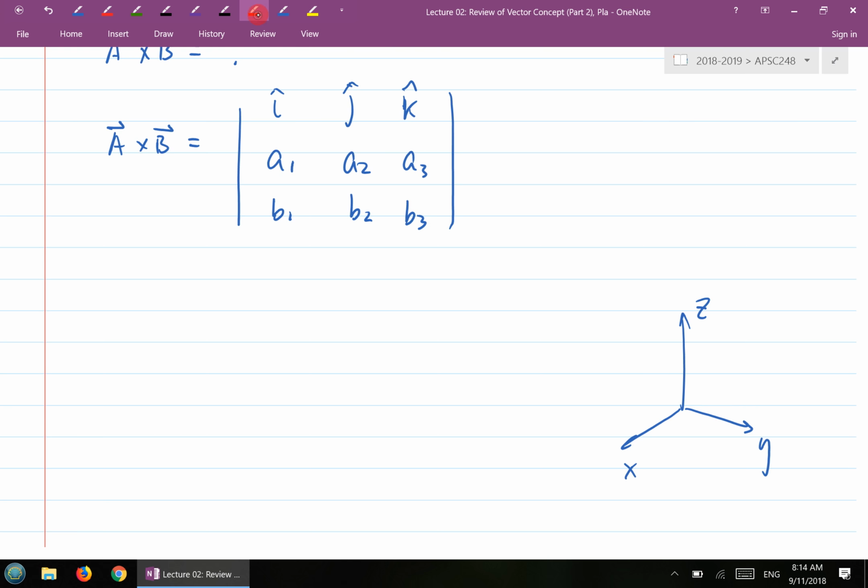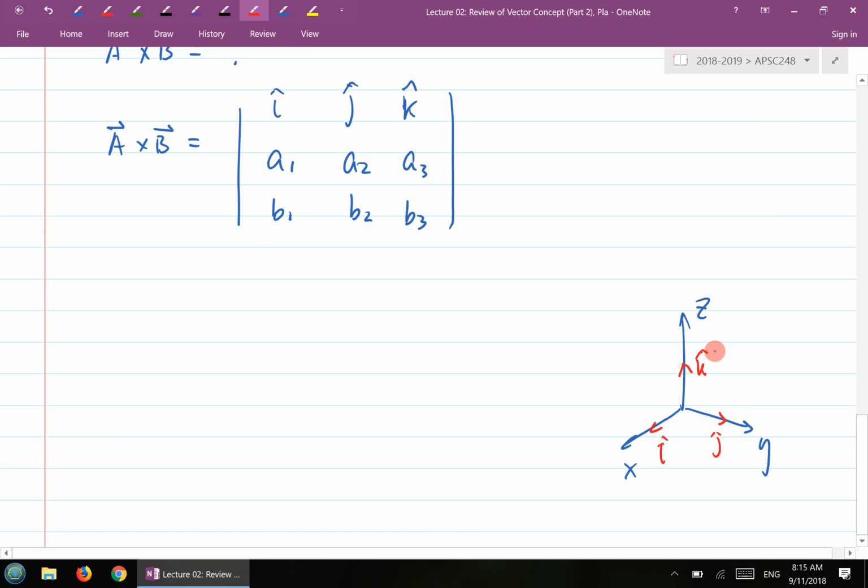When we draw the coordinate system, we have x, y, z coordinate axes, right? Each one of the axes is a vector, and we use i hat, j hat, k hat to indicate the unit vector pointing in that direction.